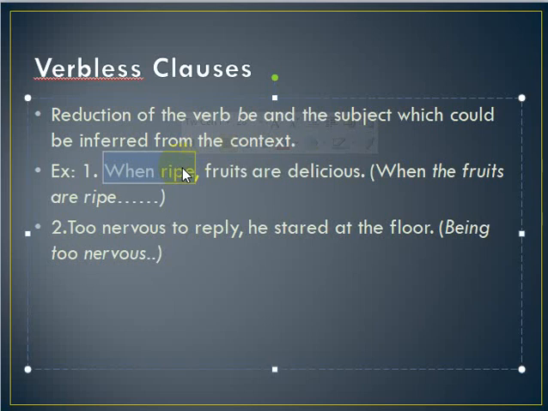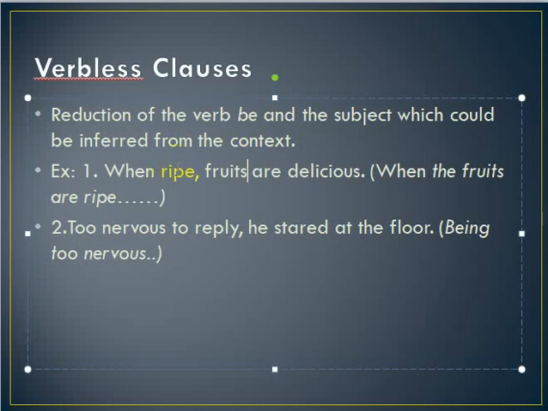Now, the verb and the subject are taken from the context, the linguistic context, which is fruits, because the predicate is about the fruit, which is delicious.